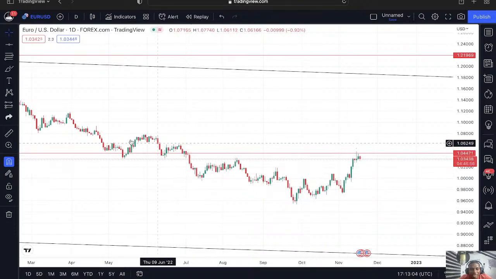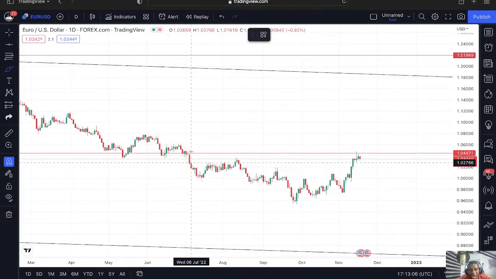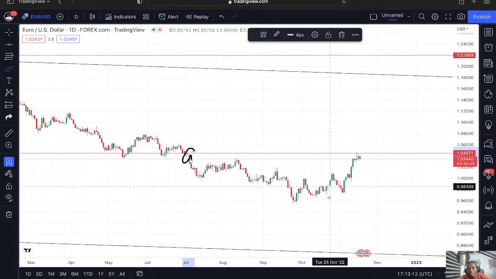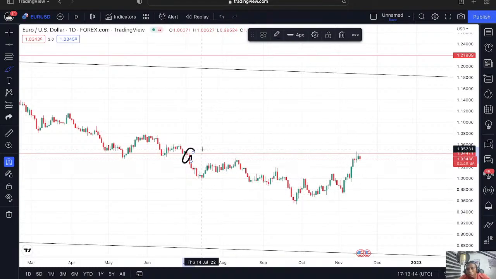We can see that a breakout had occurred in this region, and price has rallied down there, and price has come back to that support level turned resistance level.